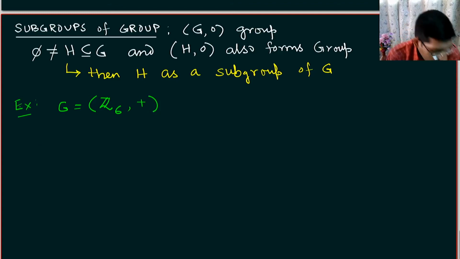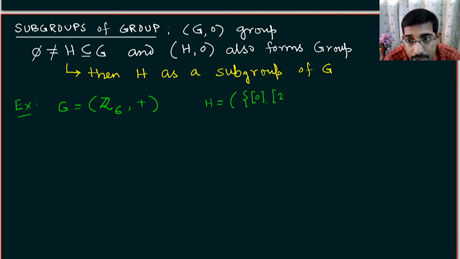Now if I take 0, 2 and 4 as my subgroup H, this set with the same plus forms a subgroup of G because it is itself a group. 0 plus 2 will result in 2, 2 plus 4 will result in 0 under modulus 6 operation.